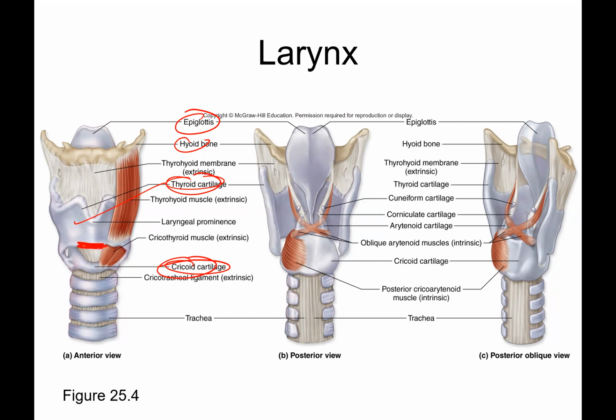Then you'll feel a soft spot, okay? And then you'll feel another hard part called the cricoid cartilage. All right, so they'll teach you to palpate for that because those will be landmarks to do a tracheotomy. Those of you who are going to have to be responsible for any of that one day.